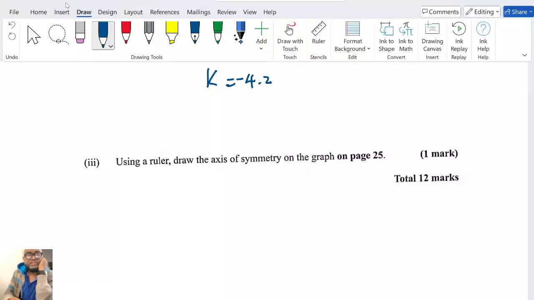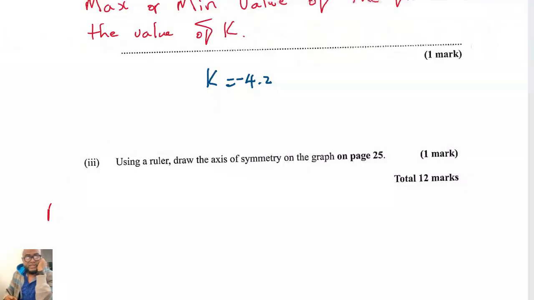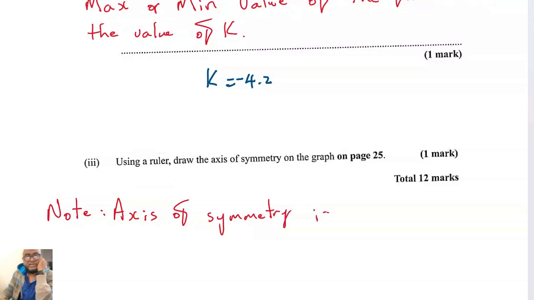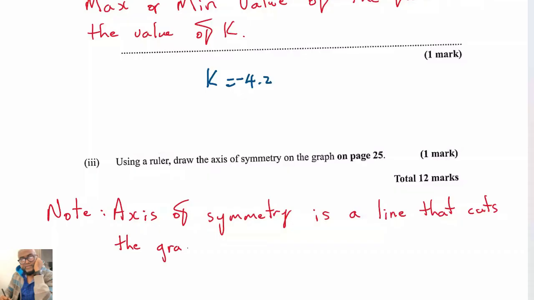Note: the axis of symmetry is a line that cuts the graph into two equal parts.